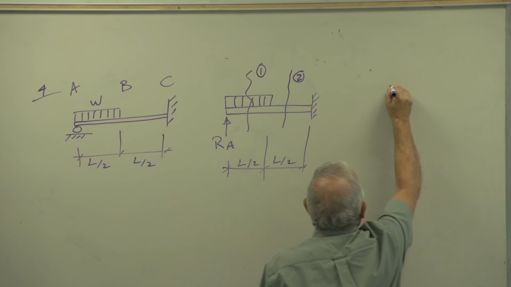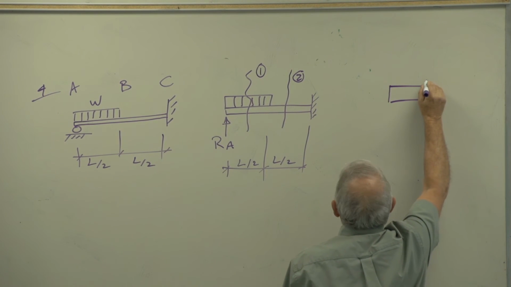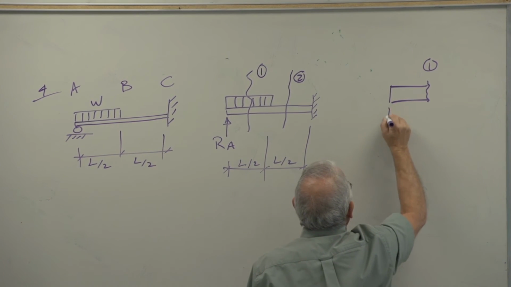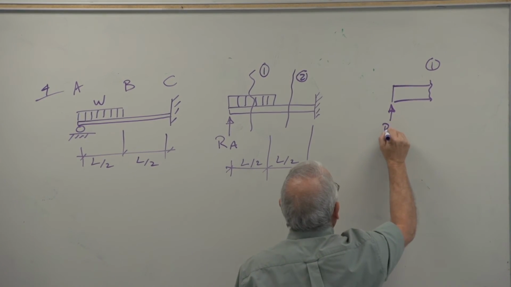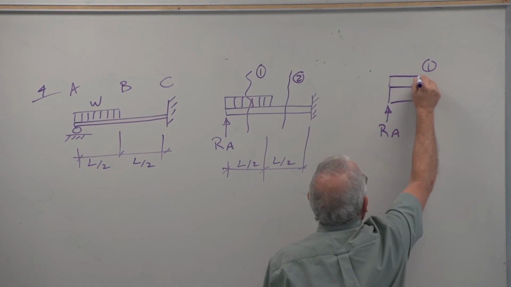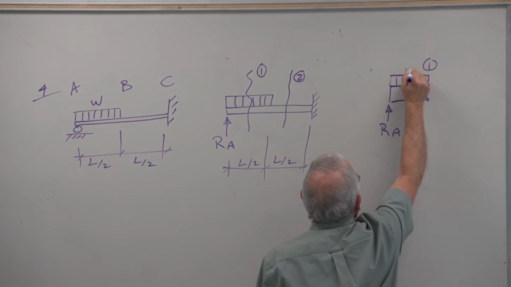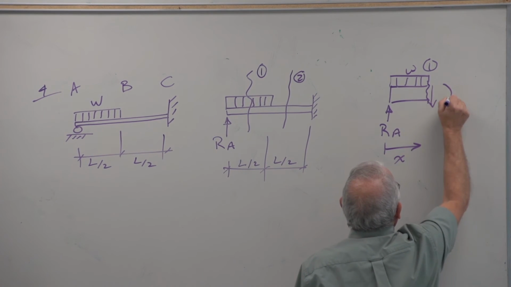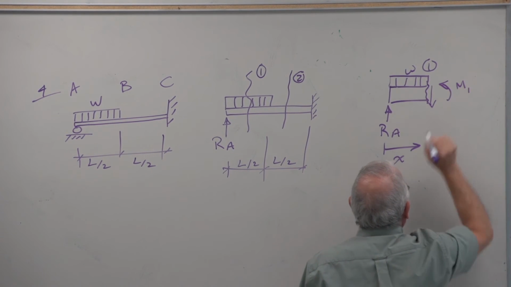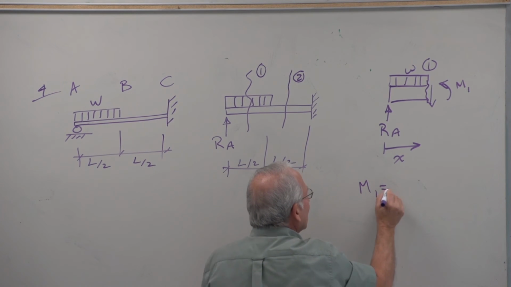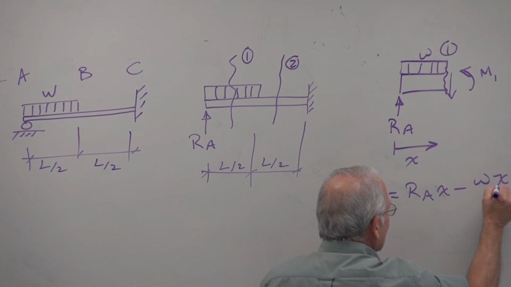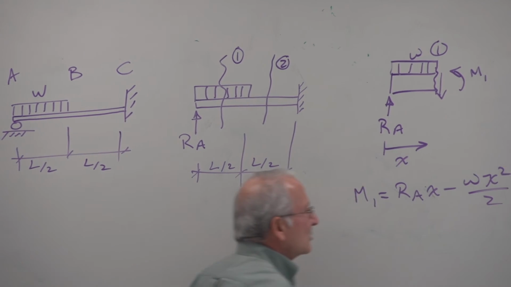So, section 1. M1 equals RAx minus wx squared over 2.